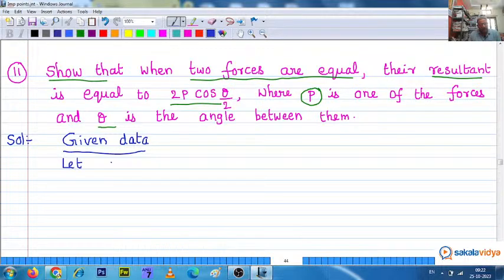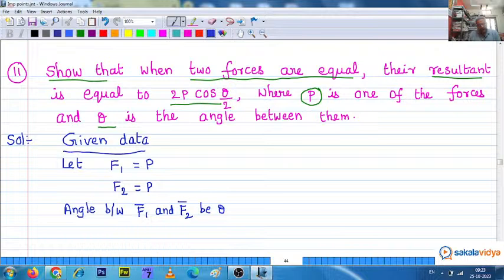Let the modulus of f1 be p, f2 is also p, and the angle between f1 bar and f2 bar be theta. Clear?